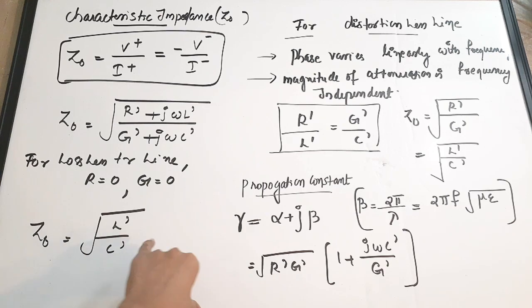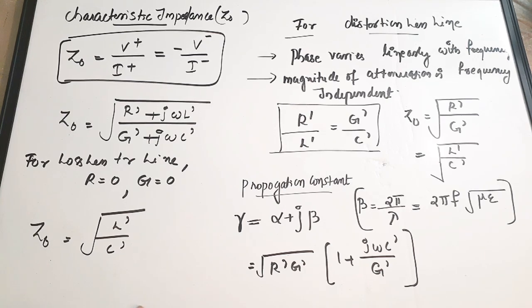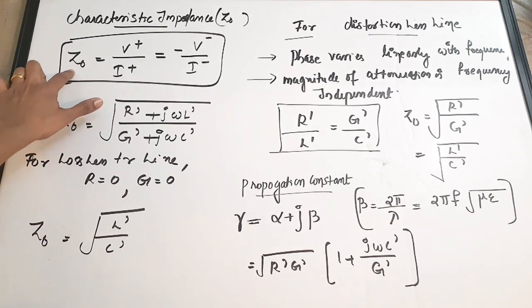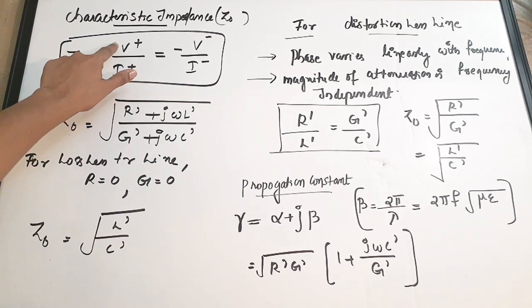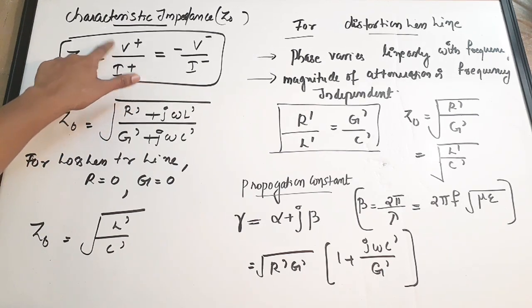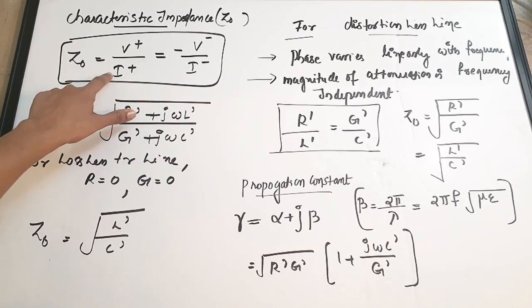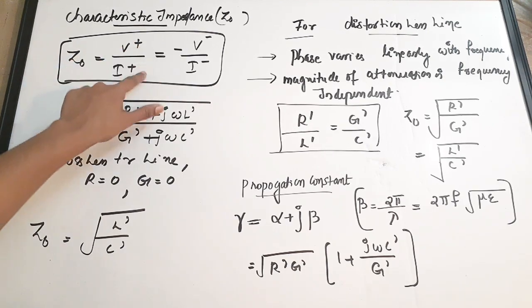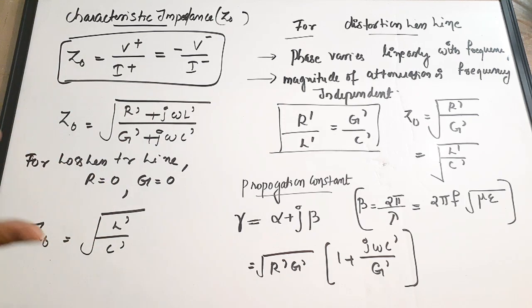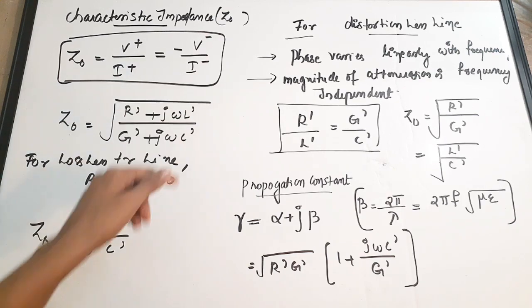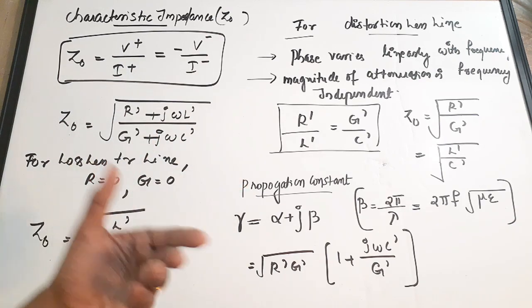Whenever we do numerical questions, we'll be given the characteristic impedance, or we sometimes need to find it. So Z0, the general notation for characteristic impedance, is equal to V+ by I+, that is, the forward traveling voltage wave by the forward traveling current wave. In electromagnetic theory, plus always indicates the forward traveling wave, and minus indicates the reflected wave or the wave traveling in the reverse direction.